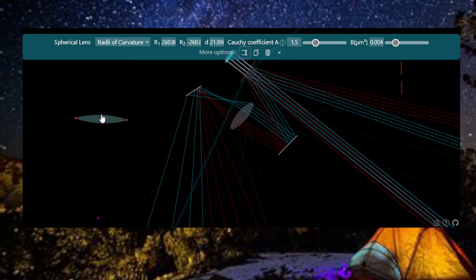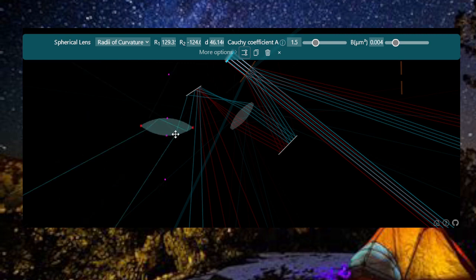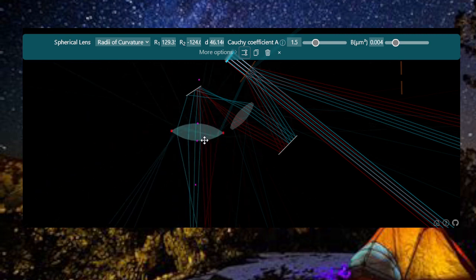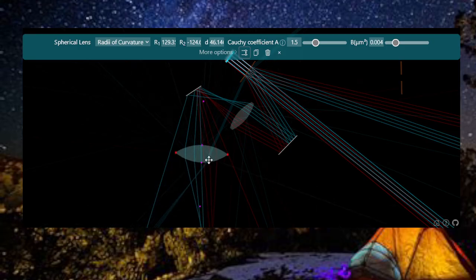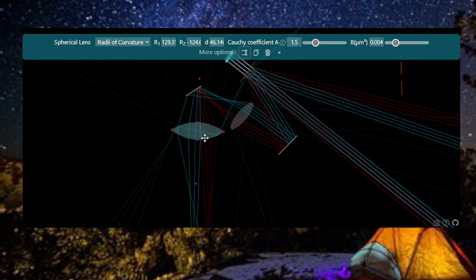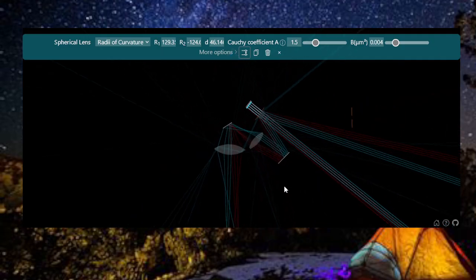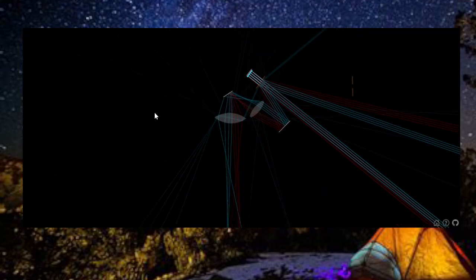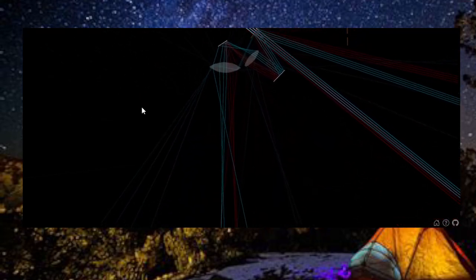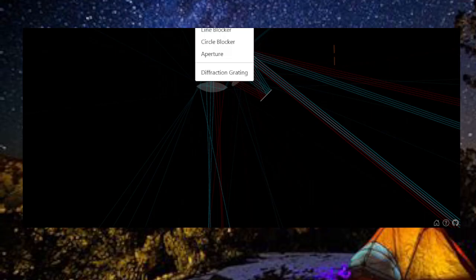Set this up first, and then make this a little bigger, maybe. Maybe those are the focal points up there. I don't really know. See, I don't know how to move. No, I think they even have a beam splitter in here.